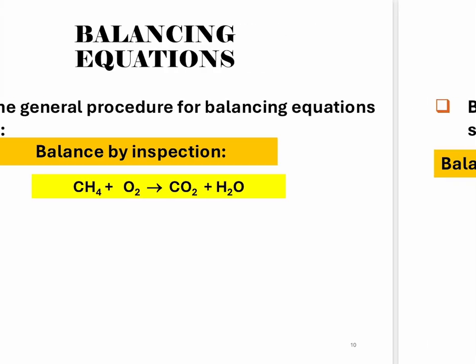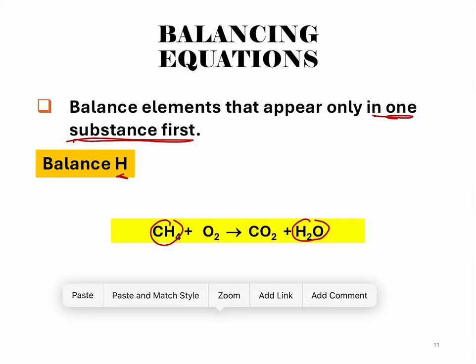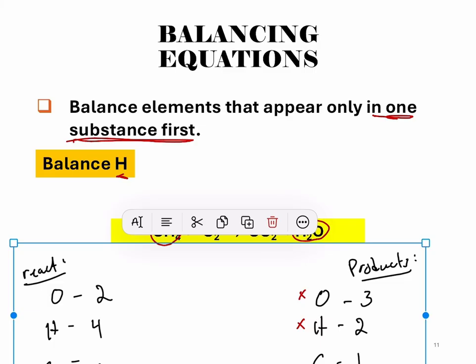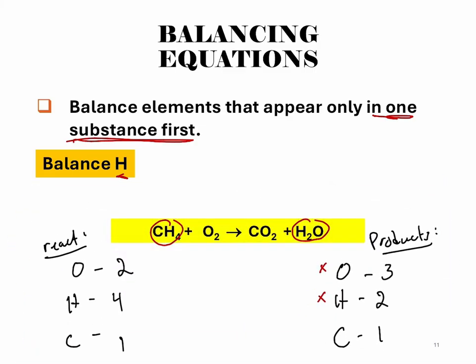So where I would start is by first balancing stuff that only appears in one substance on either the reactant or the product side. For example, hydrogen in this case appears in only one molecule on the reactant side and one molecule on the product side. So if I now balance this equation, again, what can I adjust?